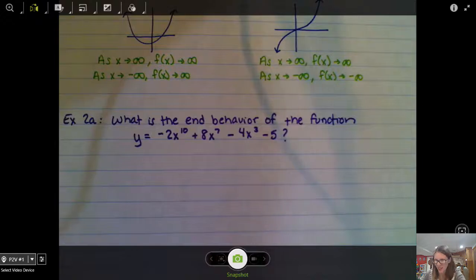Well, end behavior. How on earth do we know what this looks like? You're probably thinking, I don't know, I've never seen an x to the 10th power before. I don't know what that graph looks like.